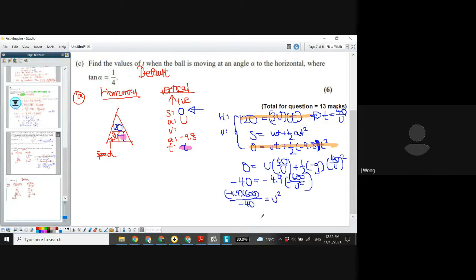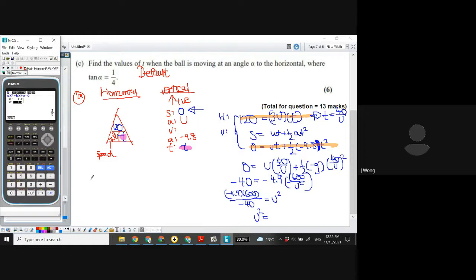So you have U squared equals, let's just get to the basic calculation: 4.9 times 1,600 divided by 40.